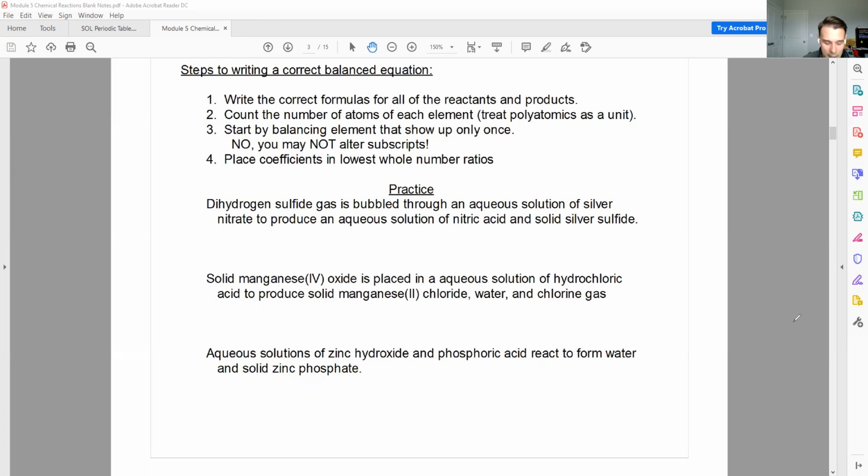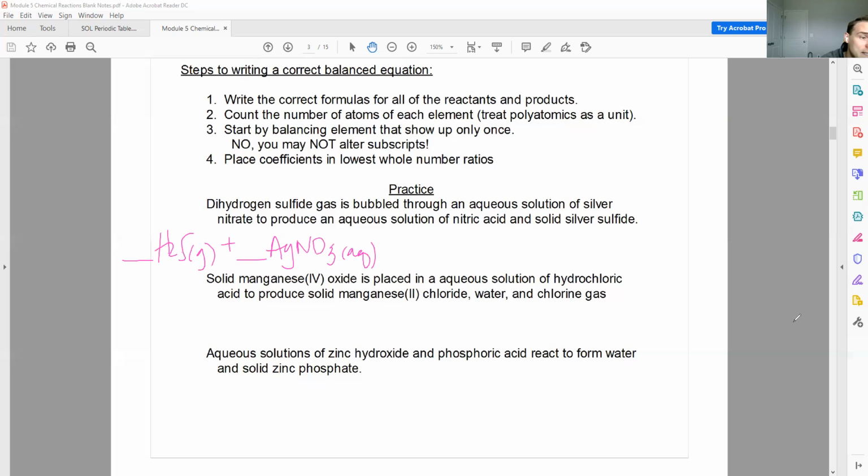So we'll start off by doing our formulas. I always put a line in front of my formula because that's where I'm going to balance instead of just having to squeeze it in. Dihydrogen sulfide gas, that would be H2S as a gas, is bubbled through, that's a reaction of an aqueous silver nitrate, which is just AgNO3.